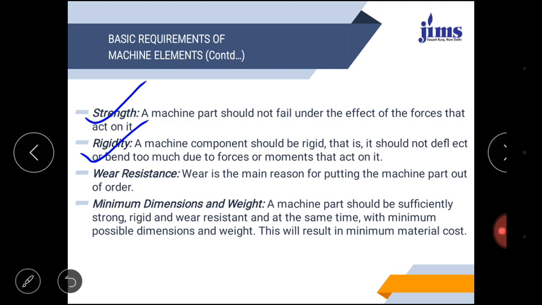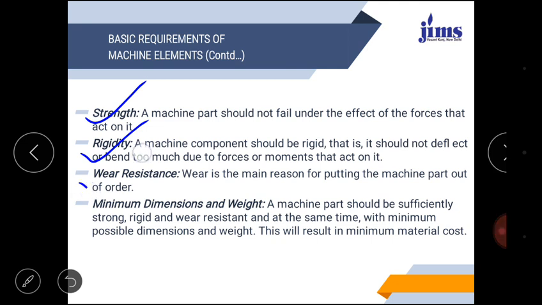Otherwise it won't be able to deliver the purpose for which it has been designed. So rigidity is a very important thing, and it depends upon the material you have selected. So suitability of material and dimensions also needs to be considered.